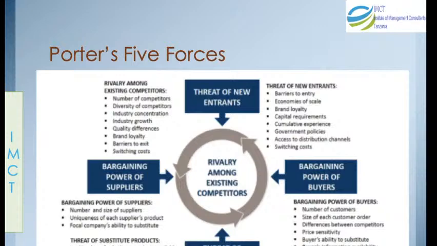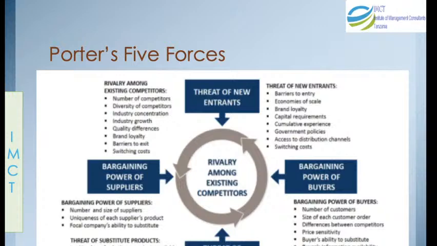But also it's about the bargaining power of buyers. Do the buyers have a lot of options, or can they fall back on your business? So typically the Michael Porter 5 Forces Model is a very important tool. Look at 4 areas which are very critical. As I said, the threat of new entrants, including the barriers to entry as you start the business, including economies of scale, brand loyalty, capital requirement, cumulative experience, government policies on your product, a new product, or what the client is doing.